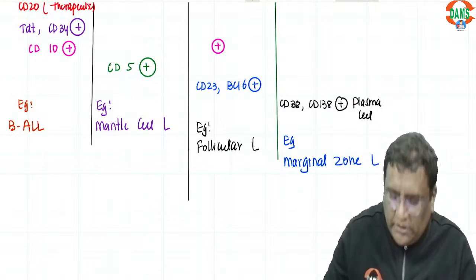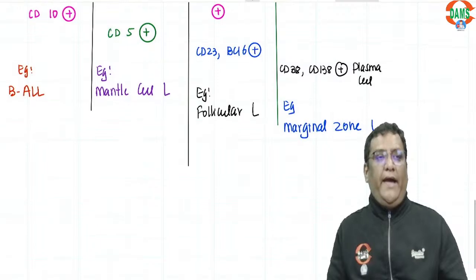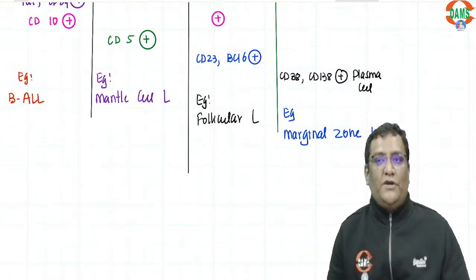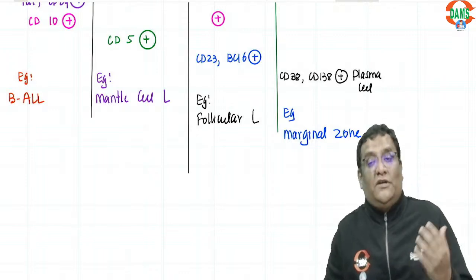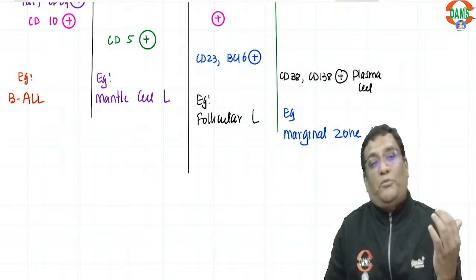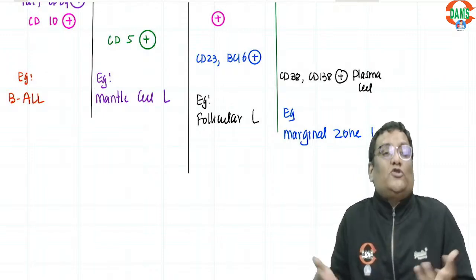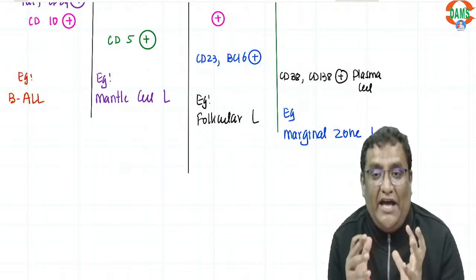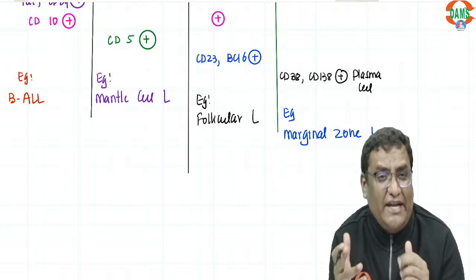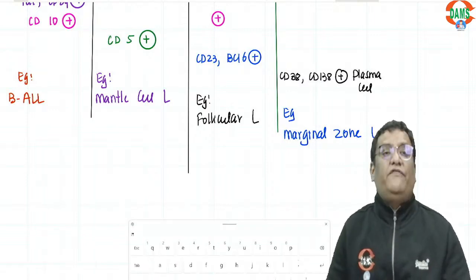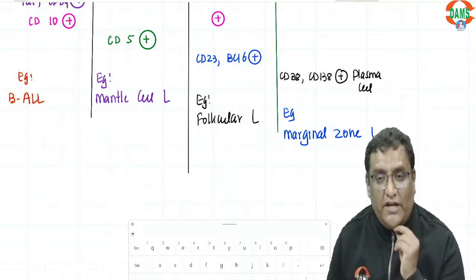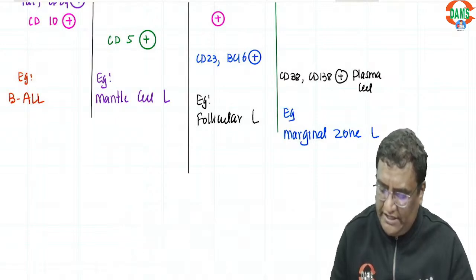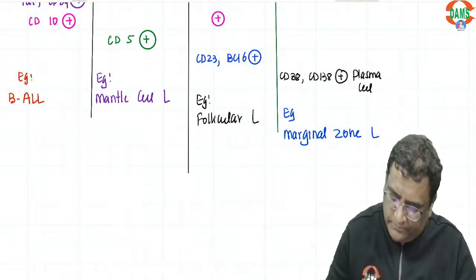Marginal zone lymphoma. 100 years back, these were the only neoplasms that we were having. So, that time diseases were very easy. MCQs probably easier that time, by the way, because only 4 diseases, not much to break your head about, isn't it? Yes, as we have progressed, we have started with these CD markers, we have started identifying different markers in different neoplasms. Now, let me write a few other neoplasms which arise from germinal center.